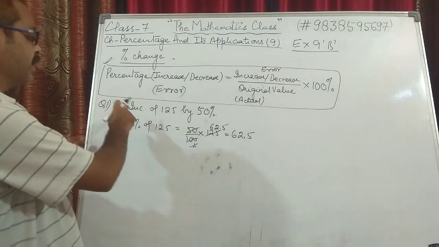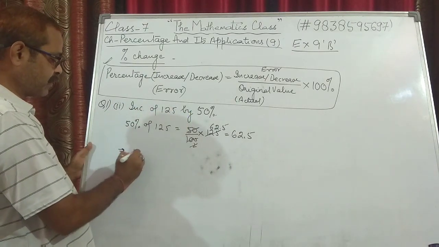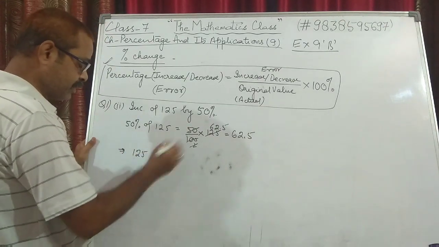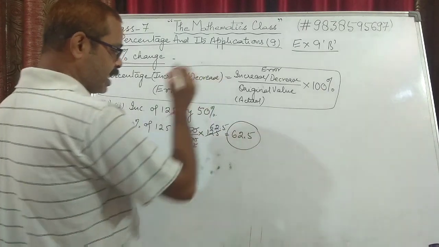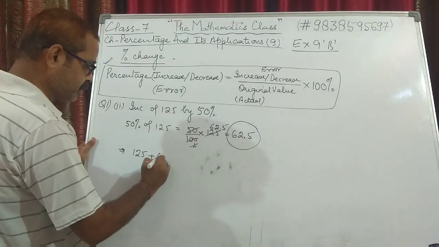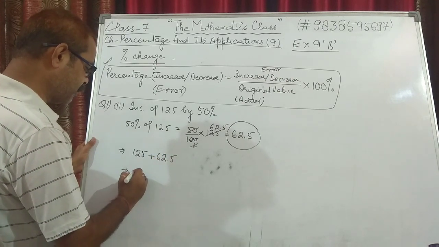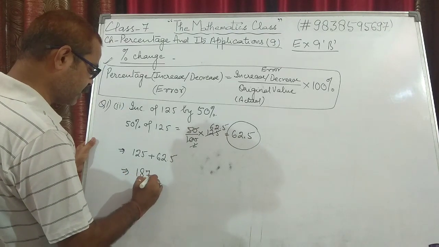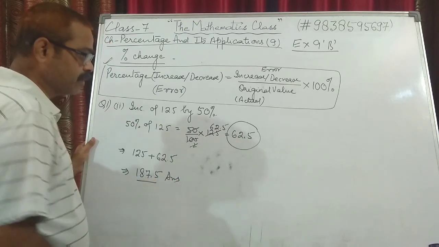And they say increase of 125 by 50% means 125 has been increased by 50%. If it is increased, it means added by how much? 50%, and 50% of 125 is 62.5. So final value will be 125 plus 62.5, that is 187.5. This is the final value.